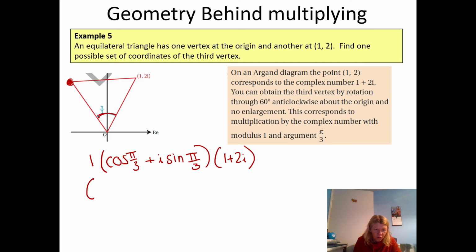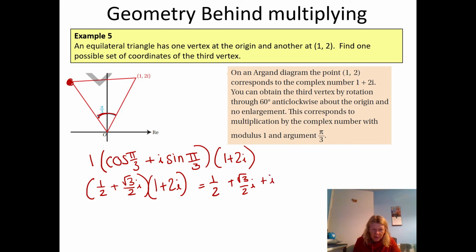So cos pi by 3 on your calculator turns out to be 1/2, and sine pi by 3 is in fact root 3 over 2, and then we times those two together. What will we get? Well, we get 1/2. 1 times that, well, that's root 3 over 2 i. Then we've got 2i times that, so that would be just i.